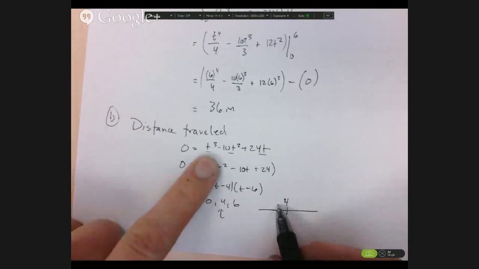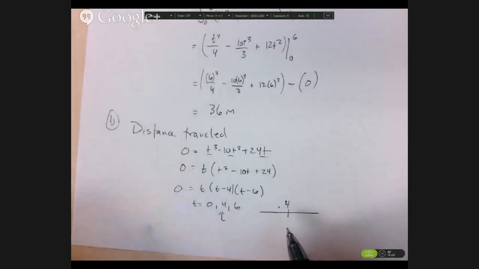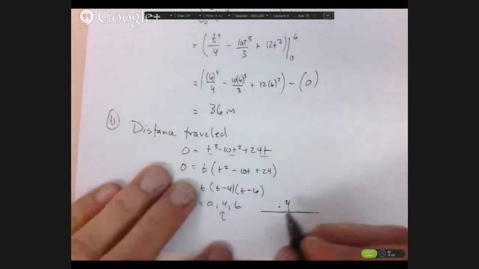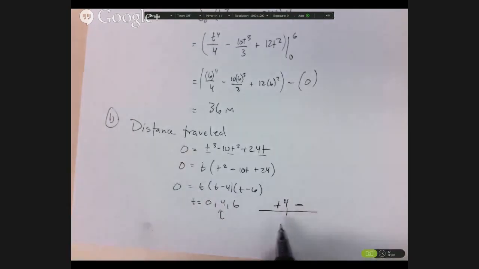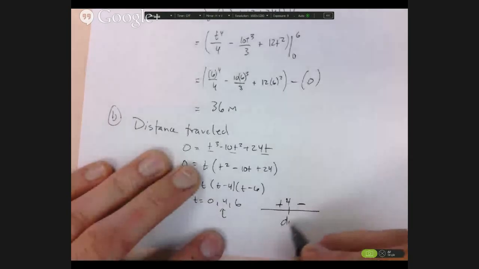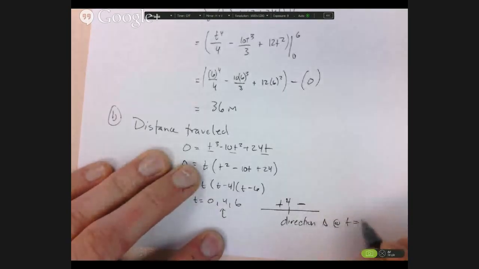Do we get a positive or negative? Okay, so we have a sign change. There's a direction change at t equals 4, right?